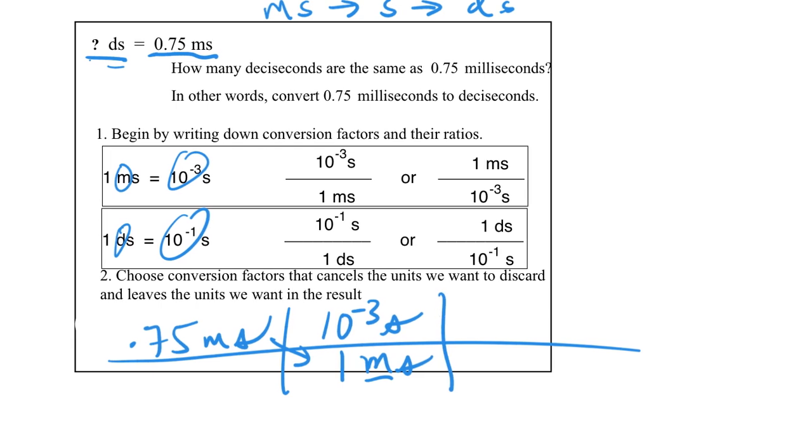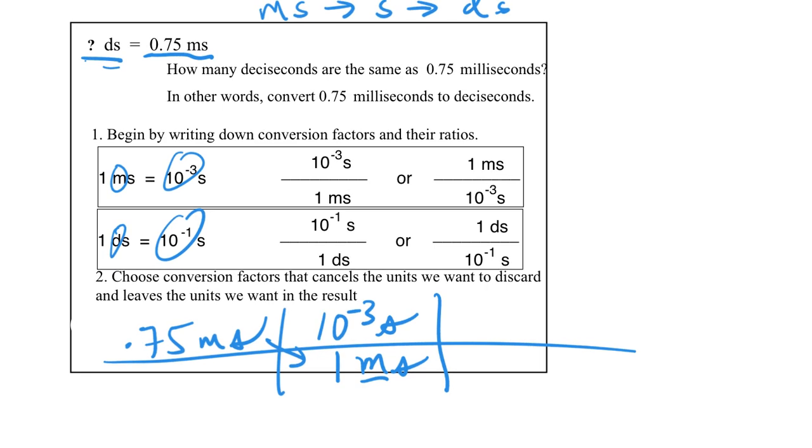The one who gets the number that the prefix stands for is the one that is by himself, seconds. Okay, so these cancel out. Then I'm going to bring down seconds, and I'm going to go to deciseconds.